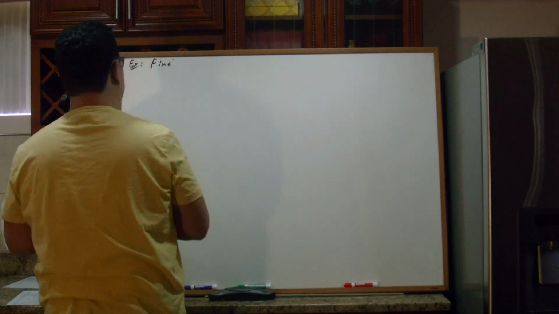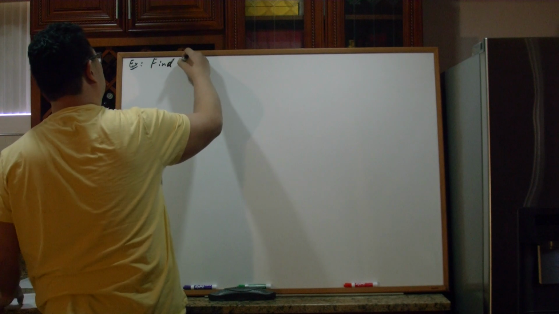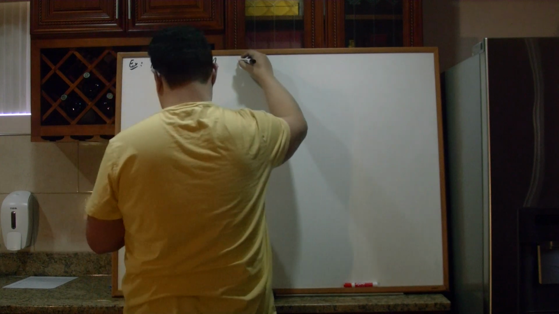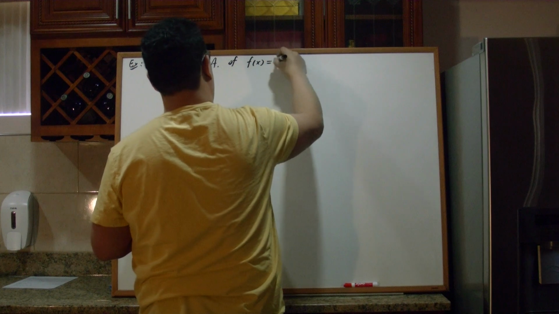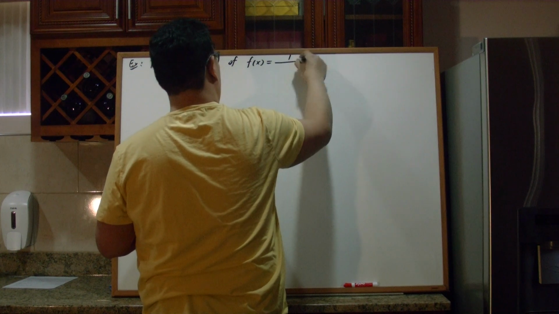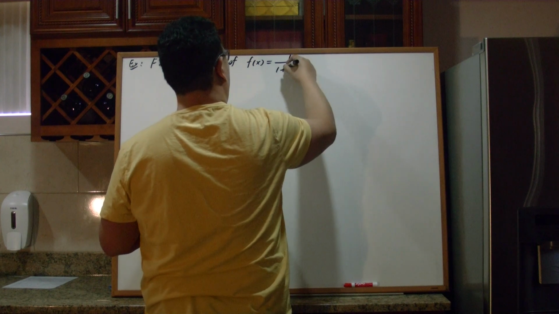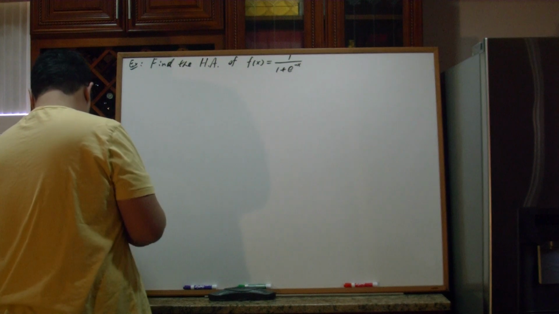Well, the next question is to find the horizontal asymptote of the function 1 over 1 plus e to the negative x.